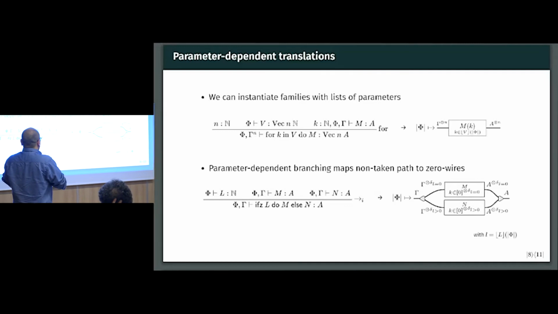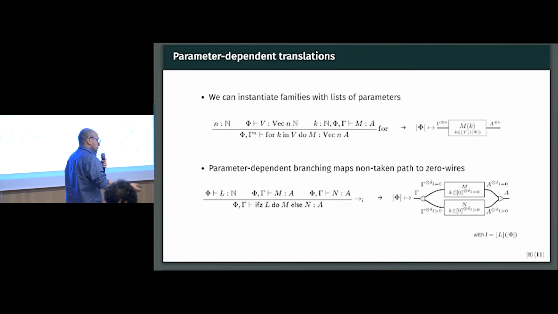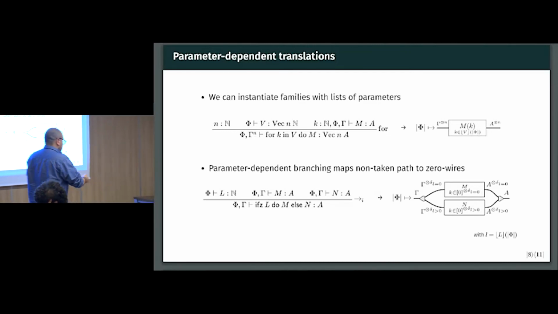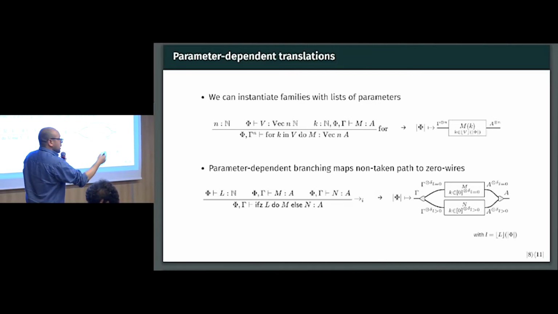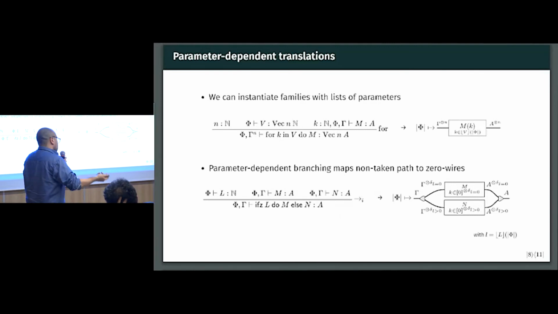If this L is 0, it will take all the arity of the wires down here to 0, which can be proven to be the same as the empty diagram. So we're left just with the top part, and the other way around if it's not 0.